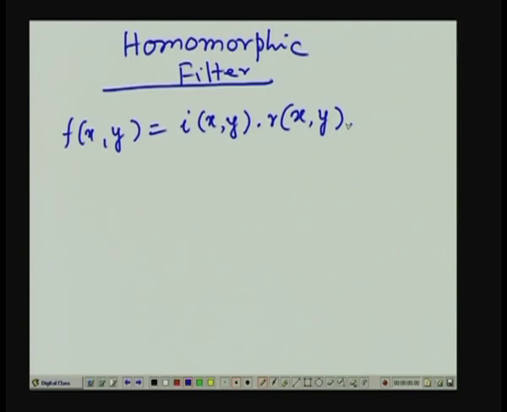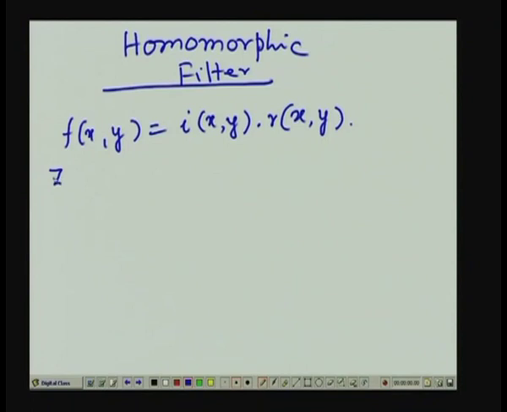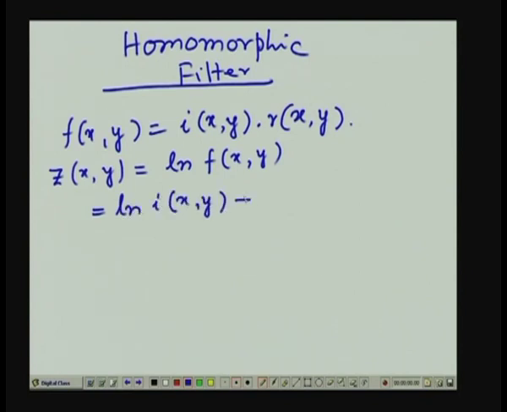Now, coming to the corresponding frequency domain, because this is a product of two terms, one the illumination and the other the reflectance, taking the Fourier transform directly on this product is not possible. So, we define a function z(x,y), which is the logarithm of f(x,y), and this is nothing but logarithm of I(x,y) plus logarithm of R(x,y).